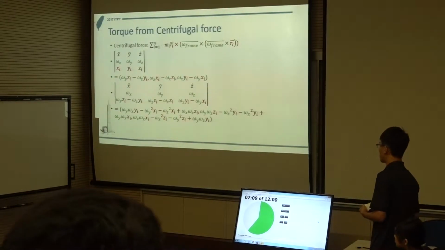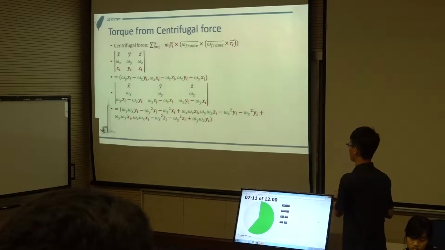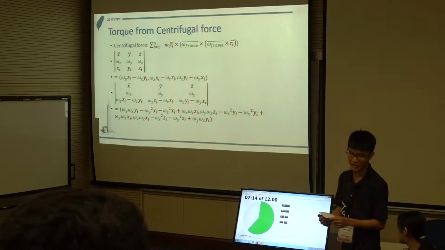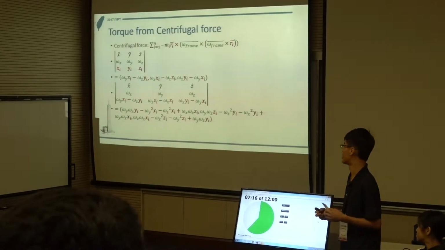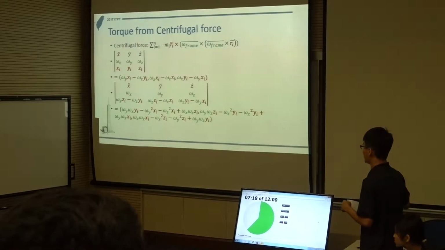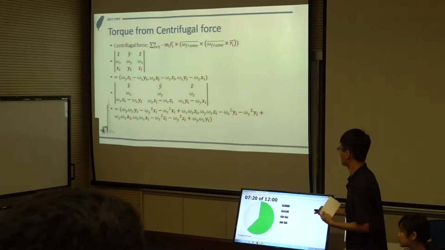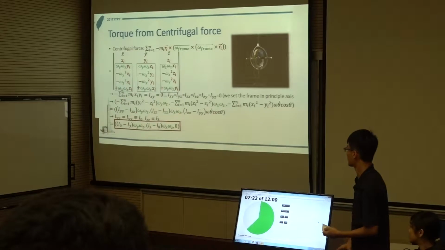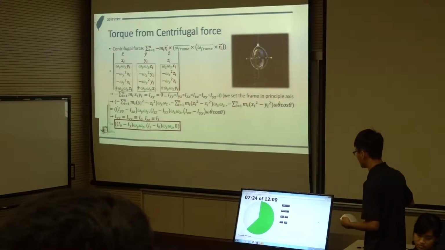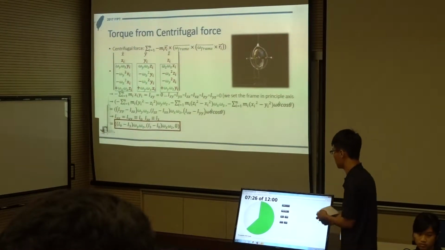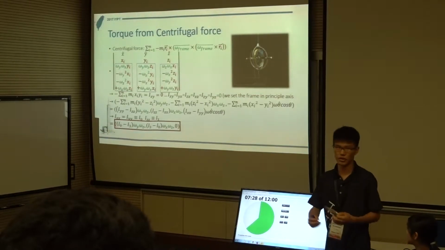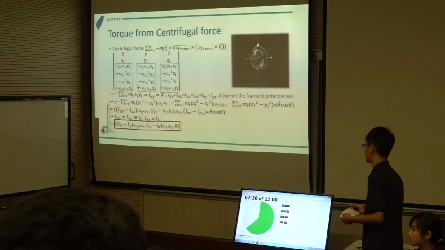So first, we calculate the centrifugal force by the mathematical determinant, and we can calculate R cross F in order to get the centrifugal torque. After a calculation, we get this equation of motion relevant to the moment of inertia and also the angular velocity.